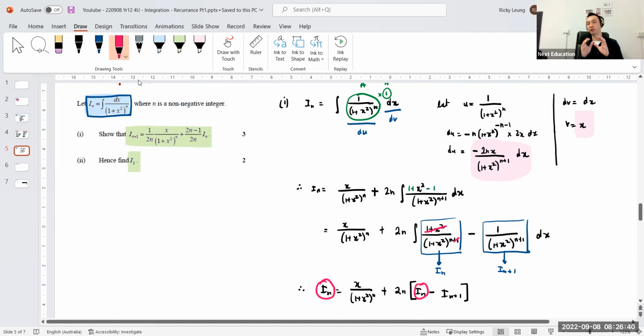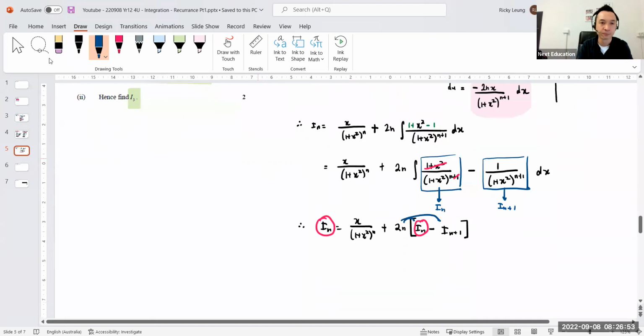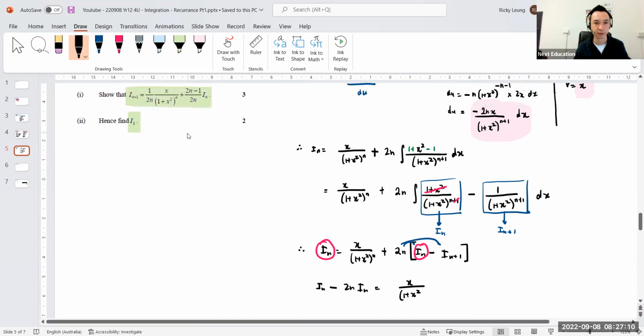So expand that, using rainbows, expand that times that, and then bring the 2n times I_n over to the left, factorize, make it the subject. So there's a bit of work left. So what I'm going to do is, in here, that's 2n, so minus 2n times I_n equals x plus x squared.